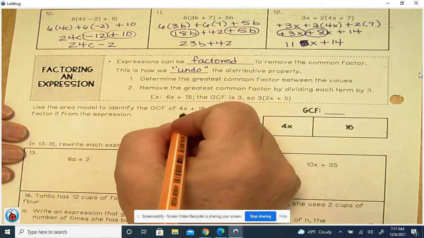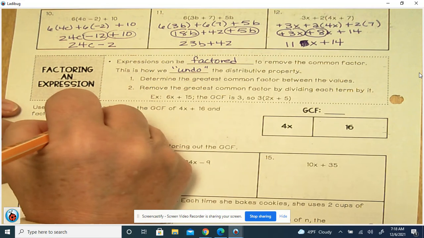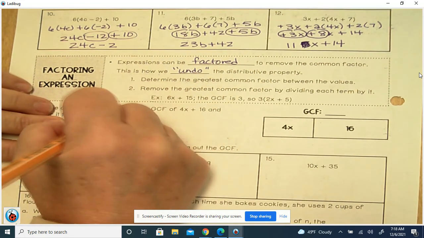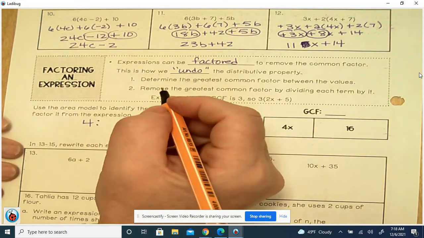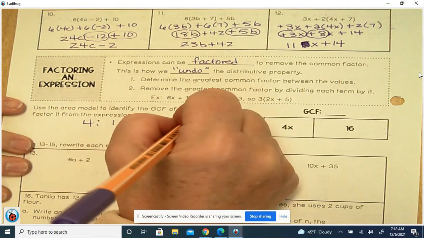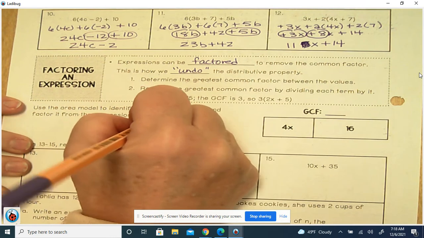Use the area model to identify the greatest common factor of 4 and 16. And I showed y'all how to do that. For 4, we get 1 times 4, and then 2 times 2.